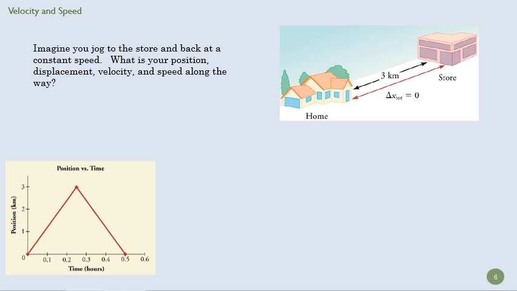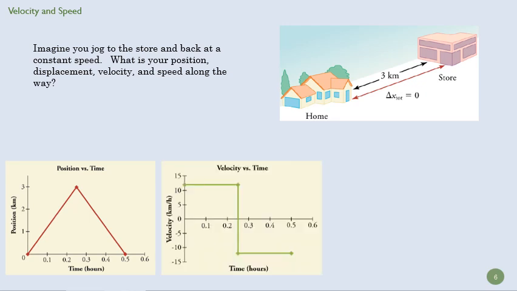Now we can also plot our velocity here, right? So let's say, in a quarter of an hour, I've traveled 3 kilometers. So 3 kilometers divided by 0.25 hours is going to get me 12 kilometers per hour, right?